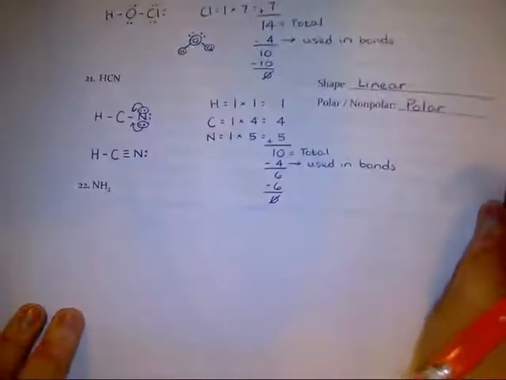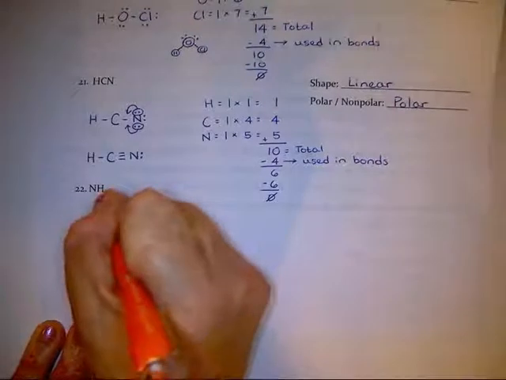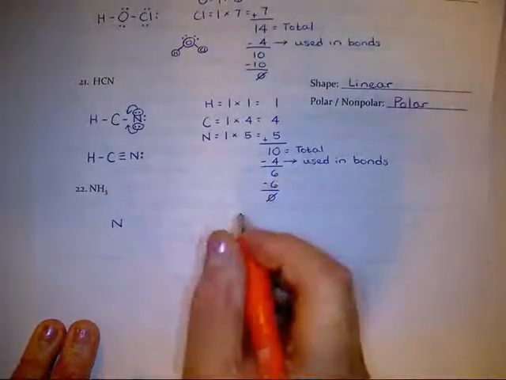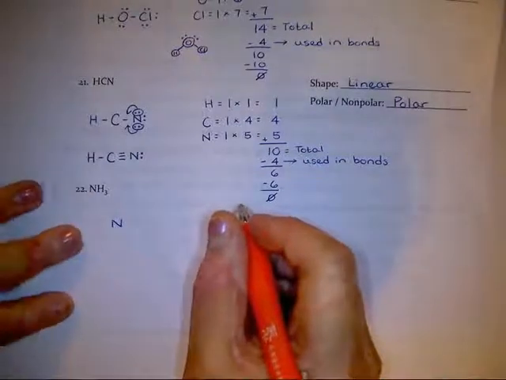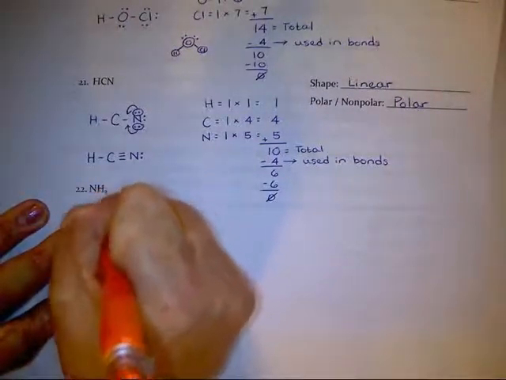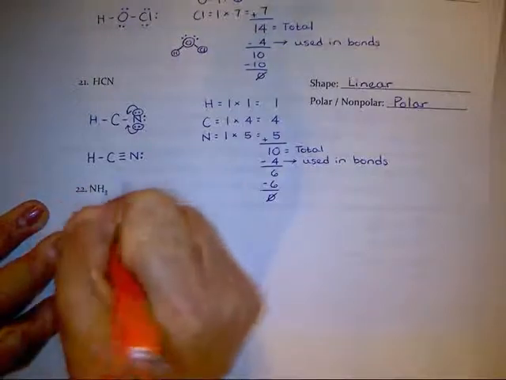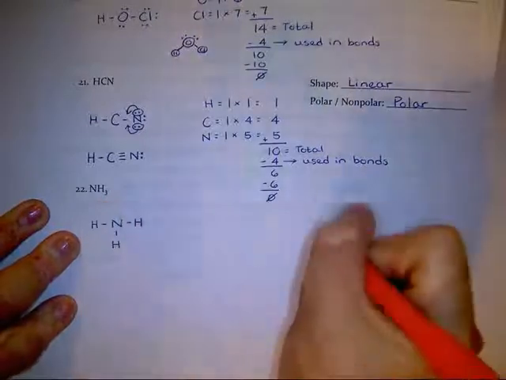Alright, number 22, NH3. In this case, N is going to be in the center, and the reason is because H is never in the center. Okay? Alright, so that means the 3 H's will be distributed around the N, bonded like this.